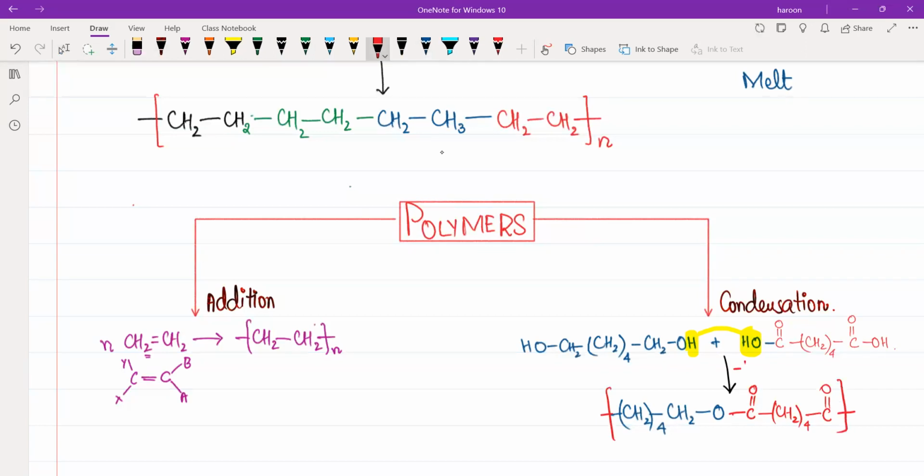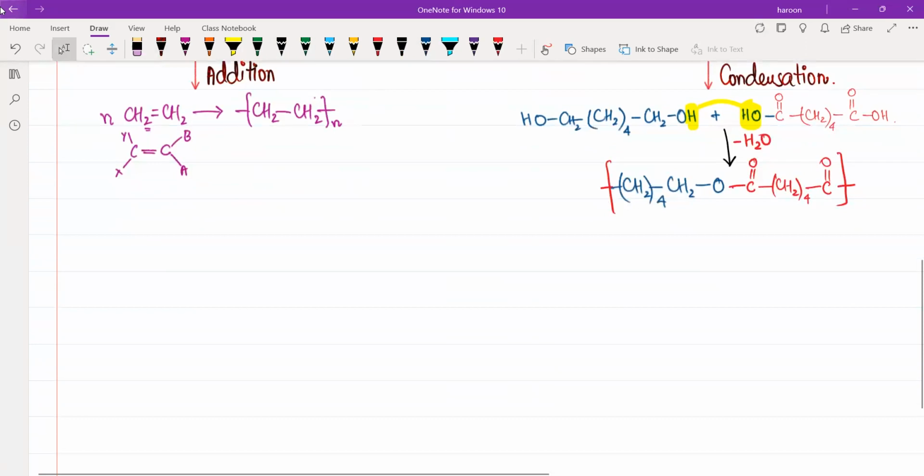They're combining together by removing a small water molecule. So this is condensation.